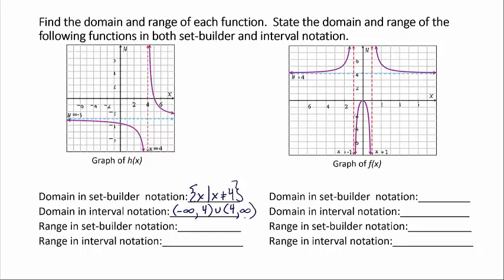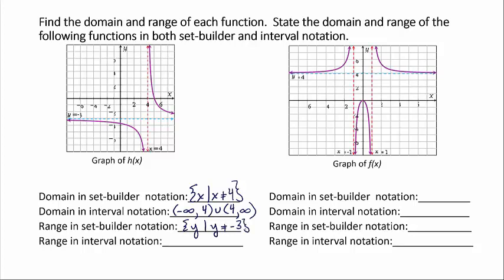And for the range, remember the range is the set of all possible y values. I see that we also have a horizontal asymptote, dashed in blue there, at y equal to negative 3. Remember that the equation of a vertical line is x equals some value, and the equation of a horizontal line is y equals some value. So the range is the set of all y such that y can't be negative 3.